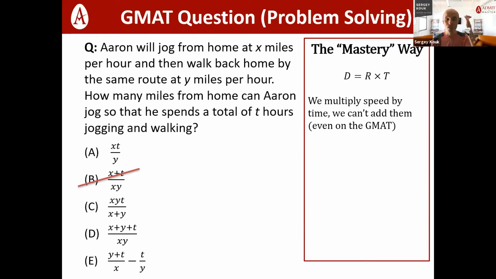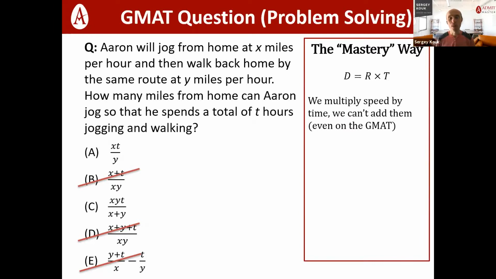Are there any other answer choices that do the same thing? How about D, x plus y plus t? How about E, y plus t? So now we've narrowed down the list of choices to just 2. We only have 2 remaining answer choices that could still potentially work, and in these answer choices, we did not add speed to time.